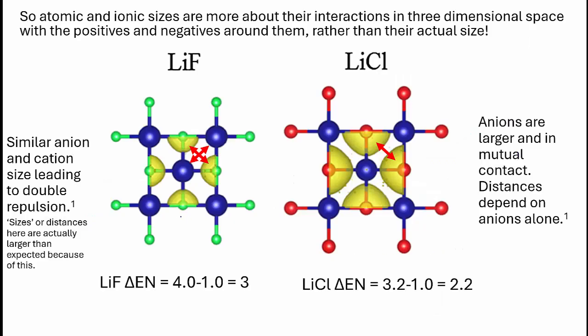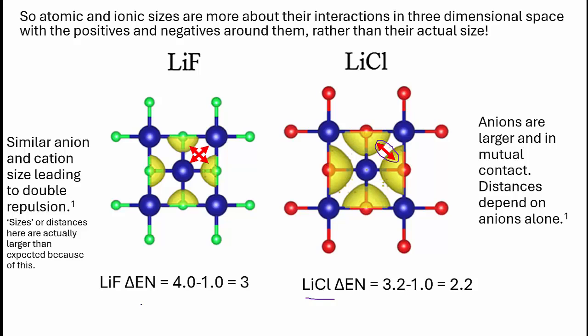This one comes from one of the journals because it has a good diagram of the sizes. What the atomic and ionic sizes are actually about is the positive attracted to negative in three-dimensional space. Because these anions are so large relative to the cations, they are repelling each other, and that's the only effect that you see, just for this lithium chloride situation.